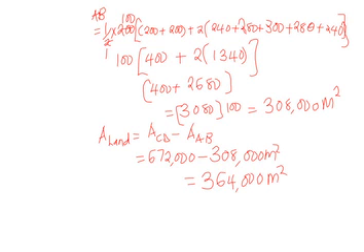We change this to acres by dividing by 10,000, and this will give us 36.4 acres, which is HA.